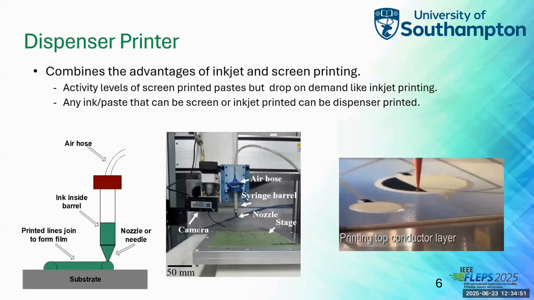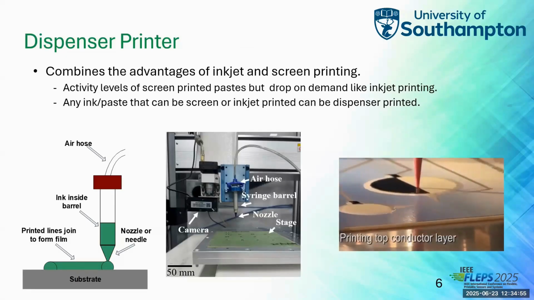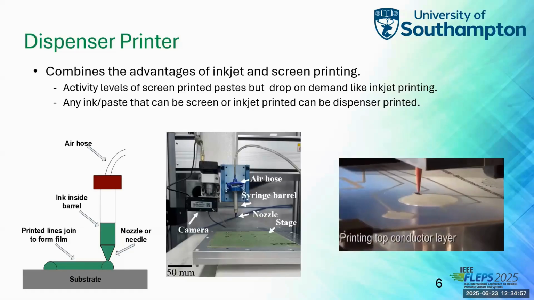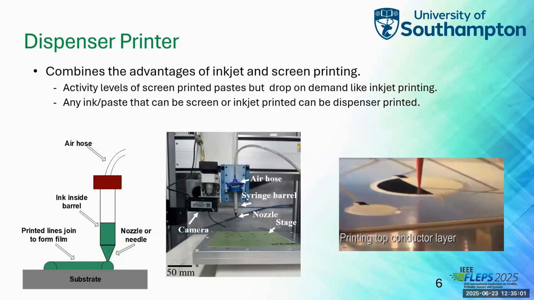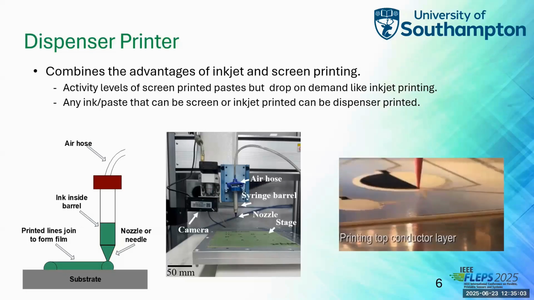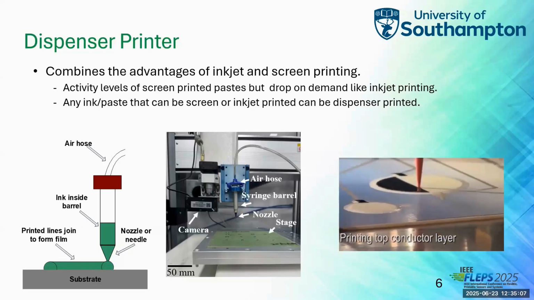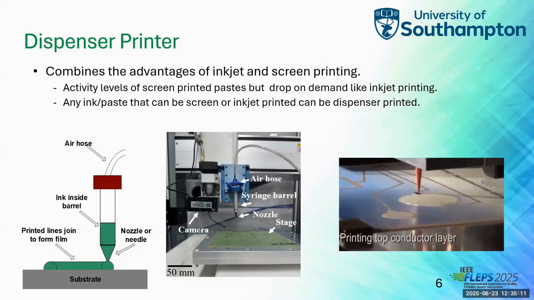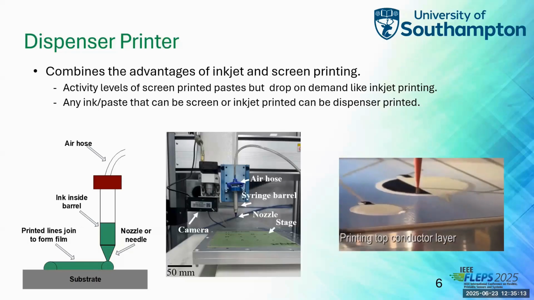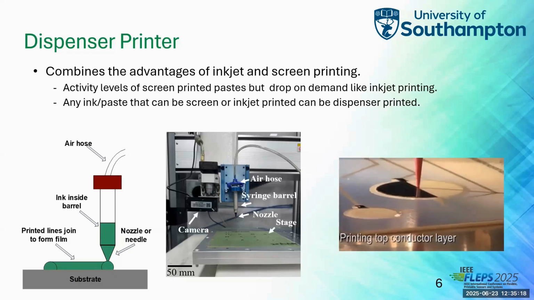So this is a dispenser printer. Why do I use this one? Because I tried to use a screen printer before, but I found that if I change the design or the structure, I have to buy a new screen, which costs more money. And it's very slow. If I print one layer, I need to change to another screen, and another screen, so it's very slow.